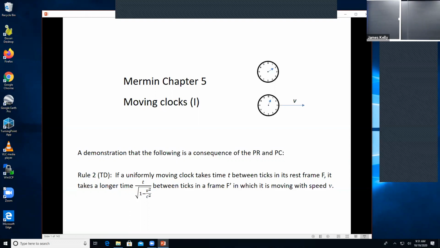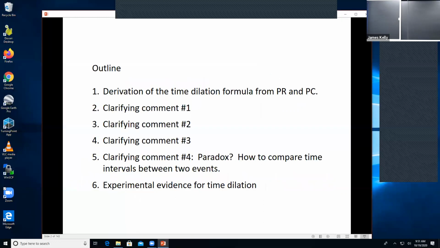We have no experience with how clocks behave, and this is telling us that they behave in a rather counterintuitive way, in that if we watch a clock that is flying by us at a very high speed, and we check the time it takes to tick off 1 minute, according to our own watches that we're carrying with us, and we feel like we're perfectly at rest as it's zooming by, we'll find out that it takes more than 1 minute to tick off 1 minute on that clock. And the effect gets more and more pronounced as the clock moves closer and closer to the speed of light.